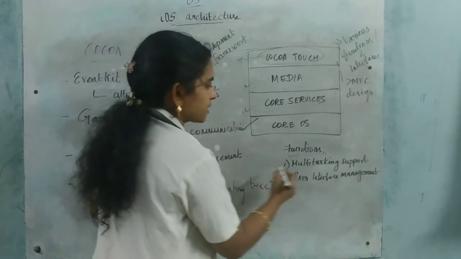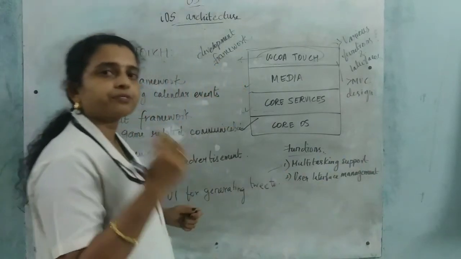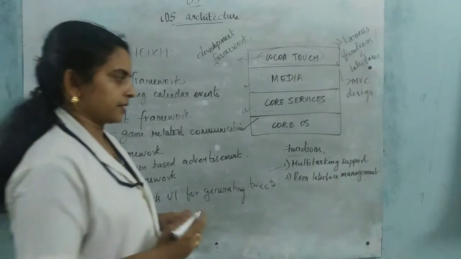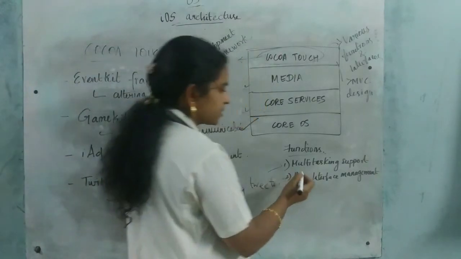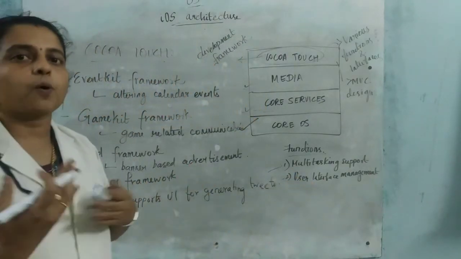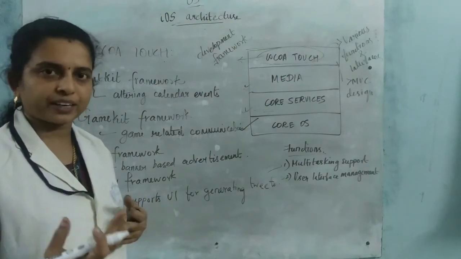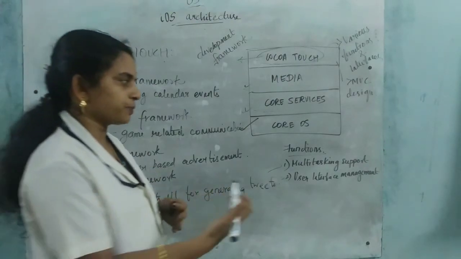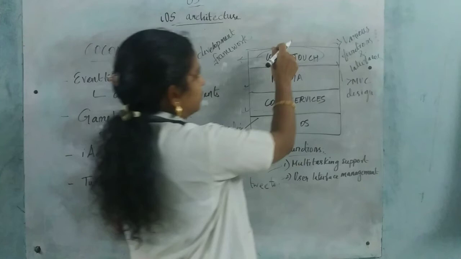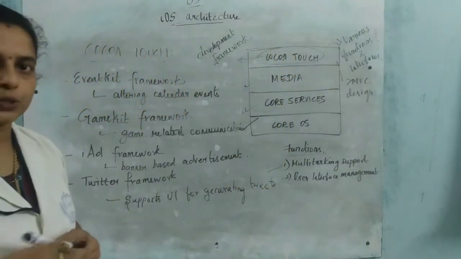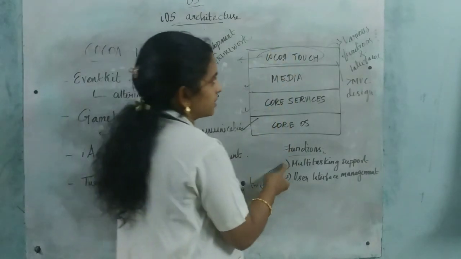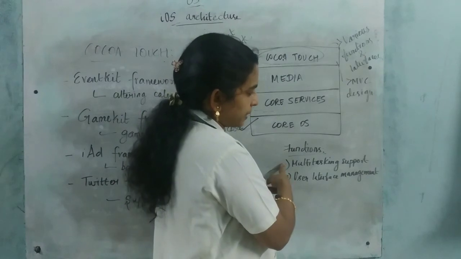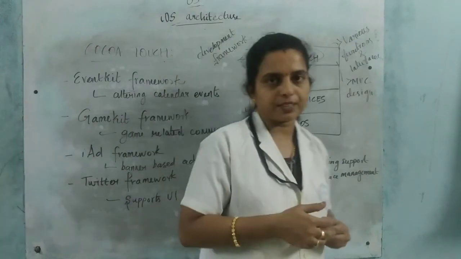Multitasking means that more tasks are done by the system at a time, and user interface management means more users can be managed, right? User interface management is done with the help of this Cocoa Touch. So the two functions supported are multitasking support and user interface management.